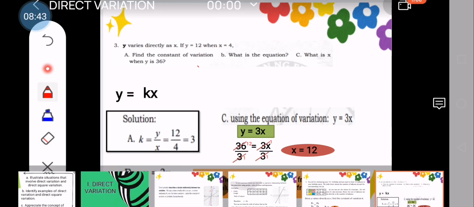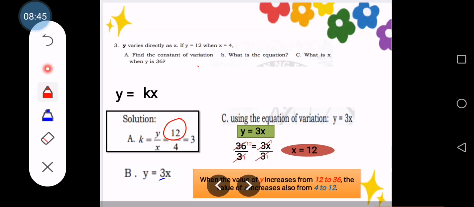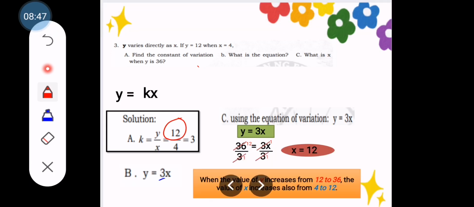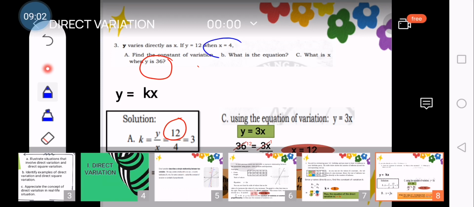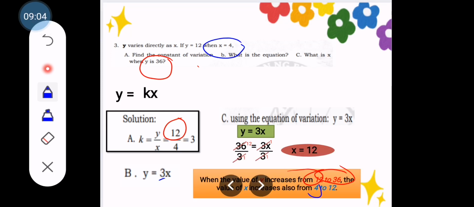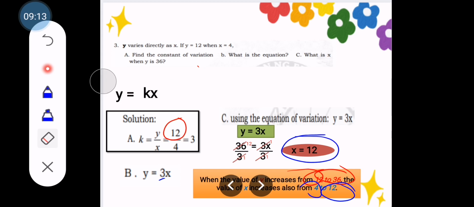So, first value is 12, kaya po siya naging 12. And then, to 36, ito yung second value. Kaya siya 36. Okay? And then, ang value naman ni x, first value ni x is 4, kaya po siya naging 4. And then, second value ni x ay yung nasa letter C. Ayan po. Okay? Malinaw na yan.